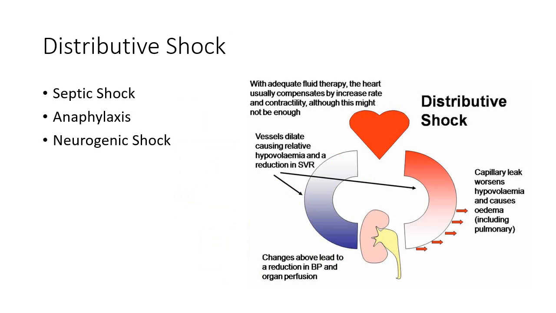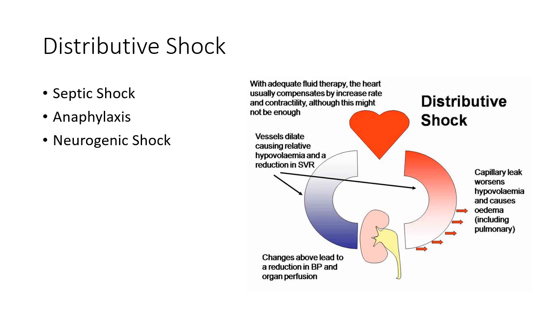Distributive shock, we see, is a marked decrease in the body's ability to have vasoconstriction. This comes about as a result of the patient, for whatever reason, having a loss of the ability to constrict or dilate the blood vessels.